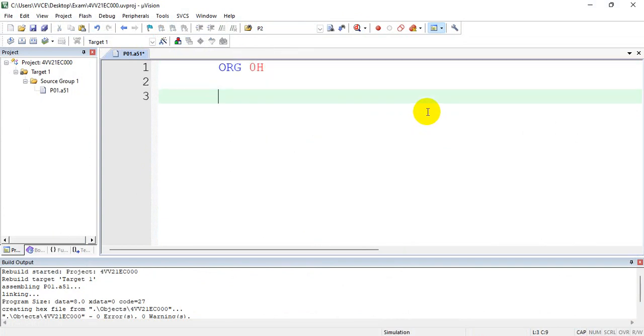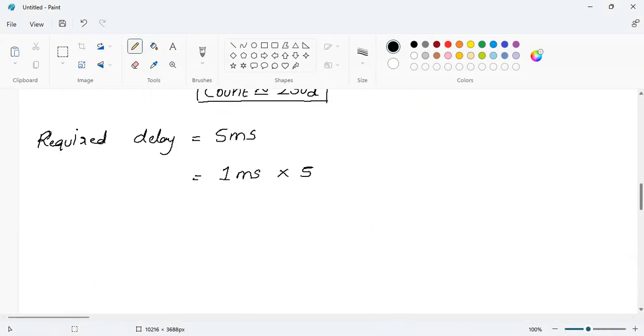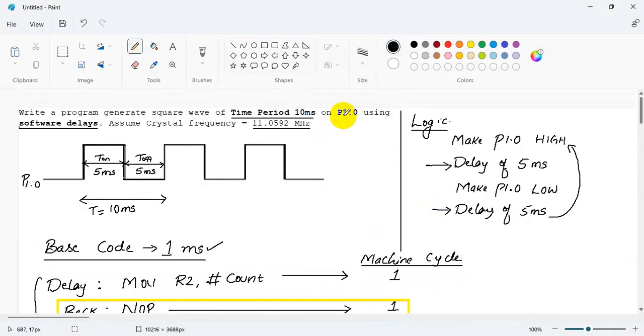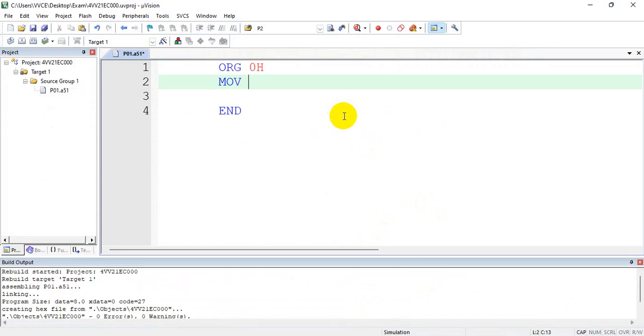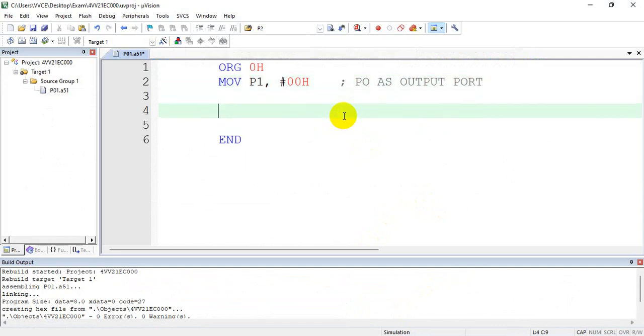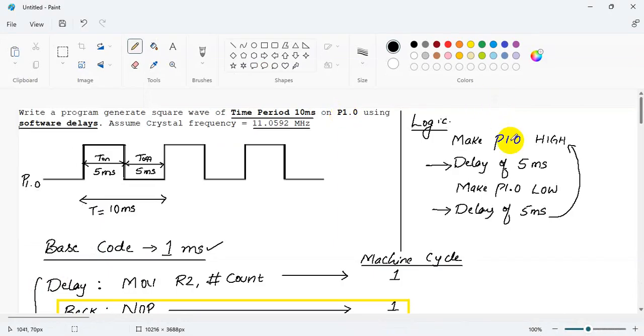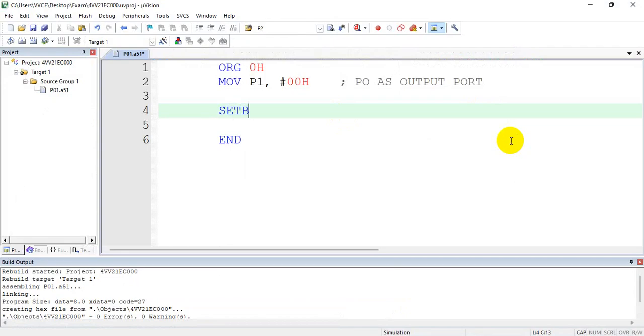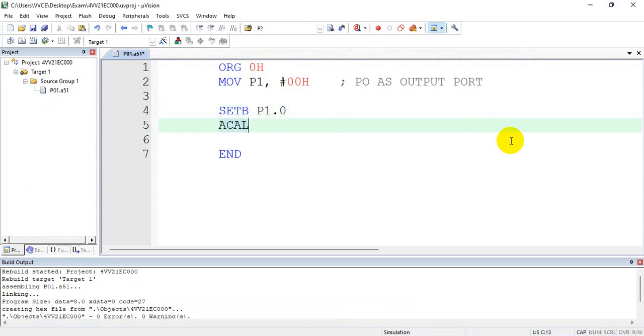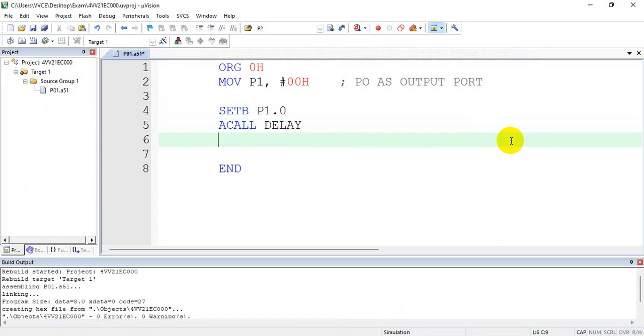I am planning to display this on P1.0. So MOV P1, #00H, P1 as output port. Now we know the logic. We need to make P1.0 high. SETB P1.0, so this will make it high, and we have to call delay.